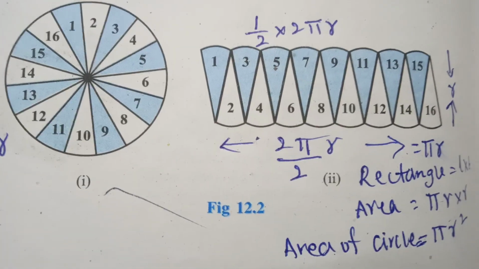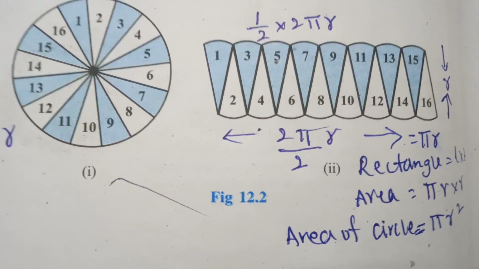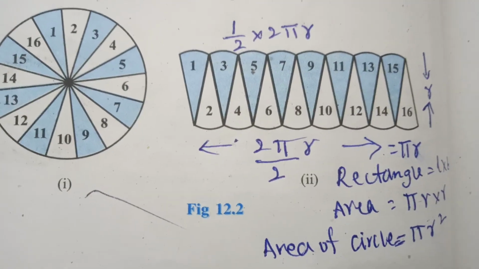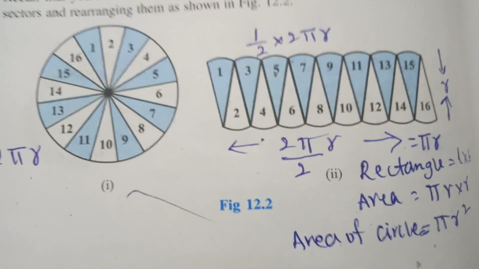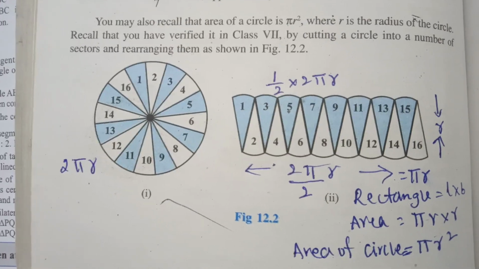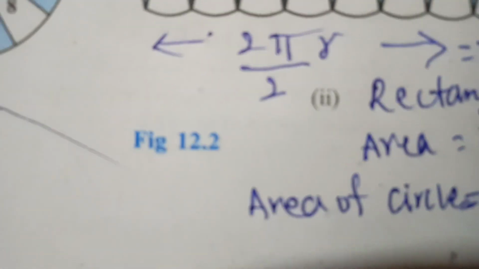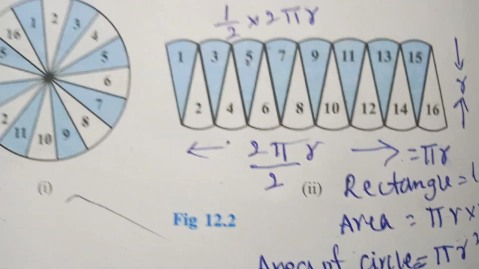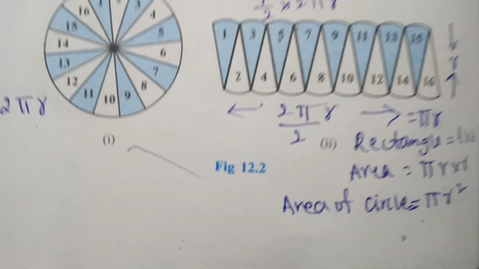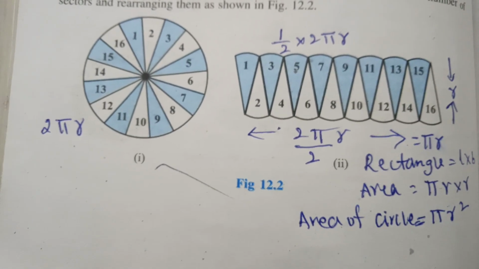So its area is length into breadth, L into B, which is pi r into r, that is pi r square. So the area of the circle is pi r square.